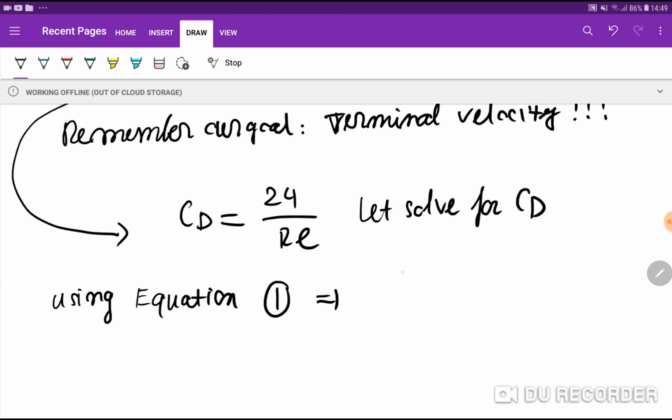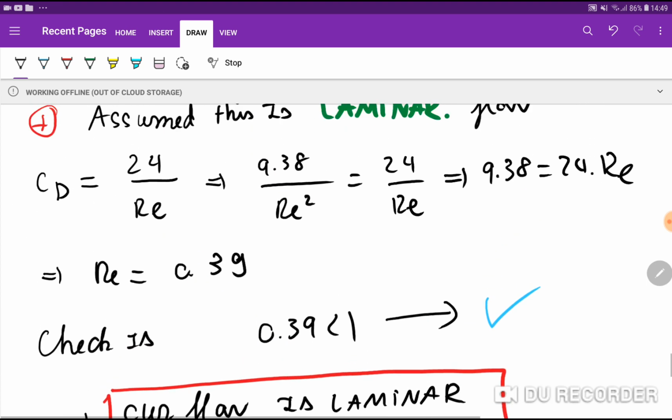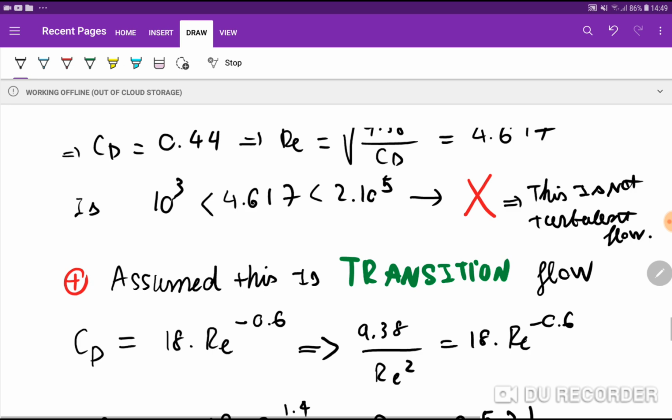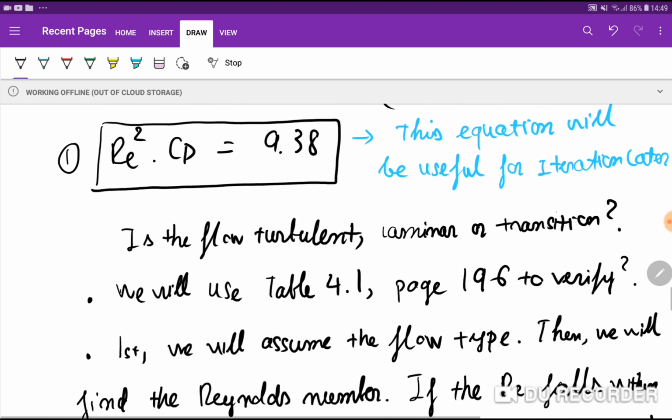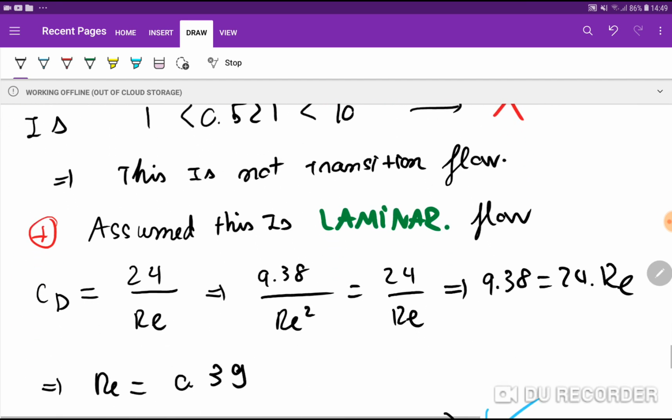let me solve for drag coefficient. Okay, let me see how to solve it. CD equal 24 over Reynolds, so you can write Reynolds equal 24 over CD. Okay, equation 1 says Reynolds squared times CD equal to 9.38.